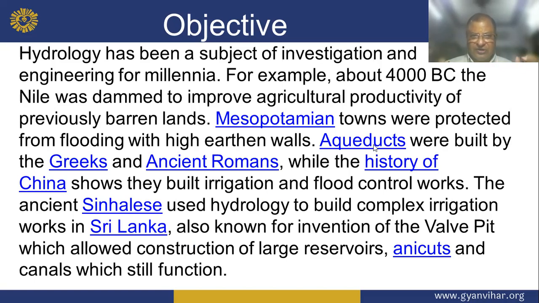Aqueducts were built by the Greeks and ancient Romans, while the history of China shows they built irrigation and flood control works.